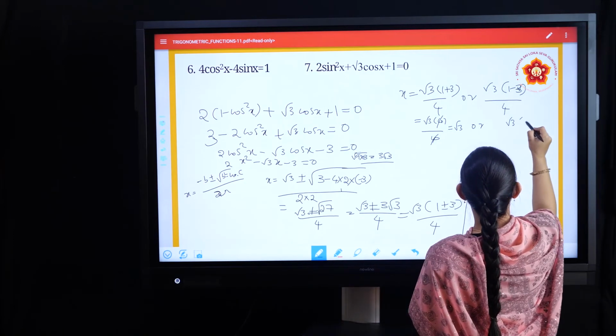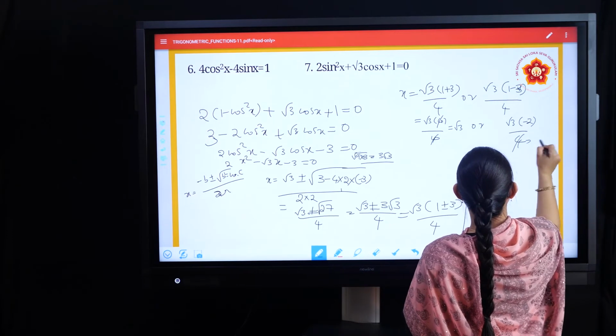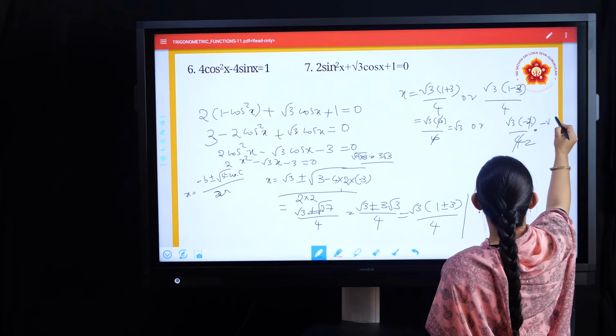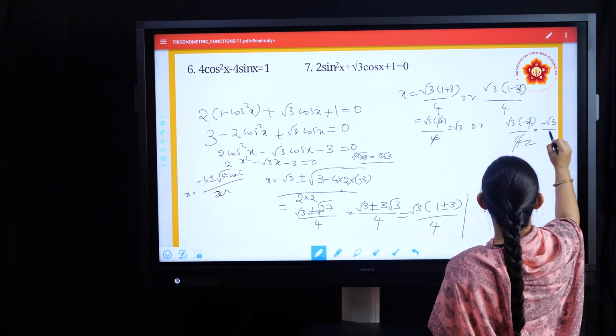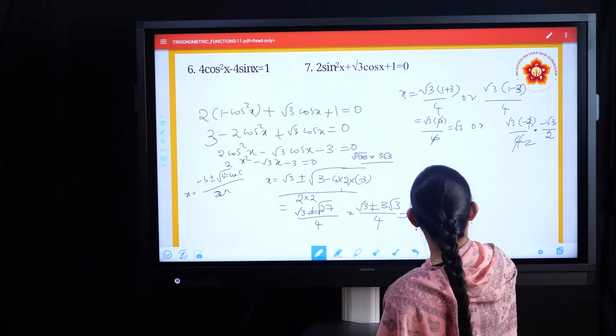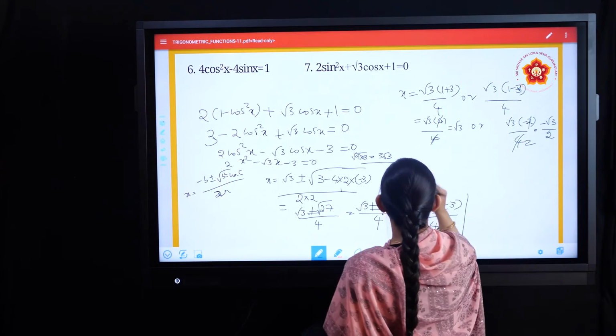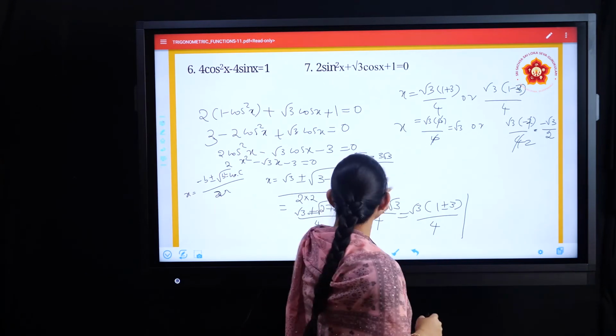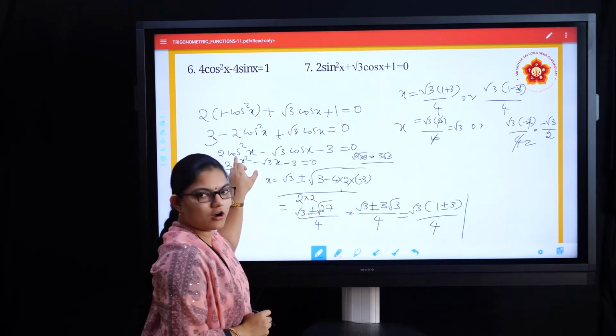So root 3 into minus 2 by 4, that is minus root 3 by 2. So therefore x has two values, where x refers to cos x.